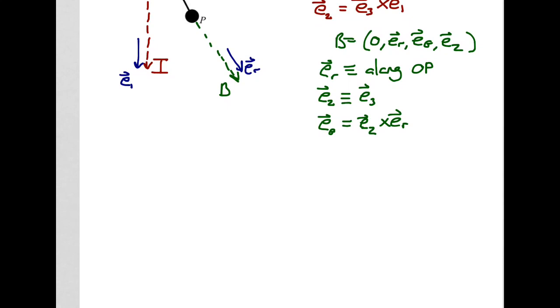That's going to be our basis vector E sub 2, and then our basis vector E sub 1, unit vectors, and then E sub r, and then E sub theta. These are related by this angle theta.